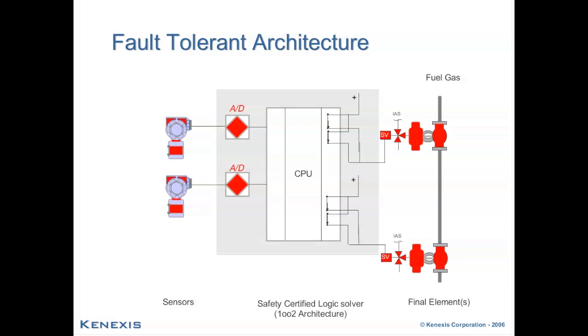This would be a 1 out of 2 architecture to achieve a higher, perhaps SIL 2 or even SIL 3 level of compliance. A simplex or single device architecture is typically good for only SIL 1.